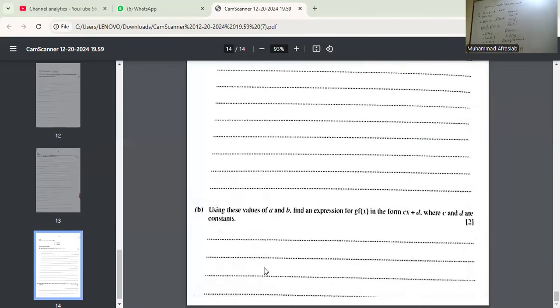Using the above values of a and b, find an expression of g f of x in the form of cx plus d, where c and d are constants.